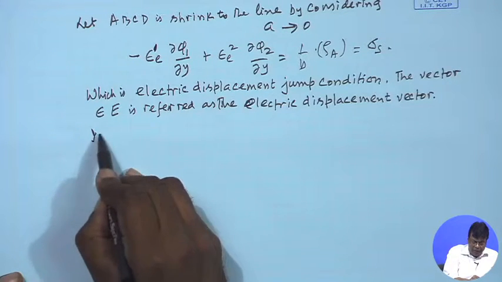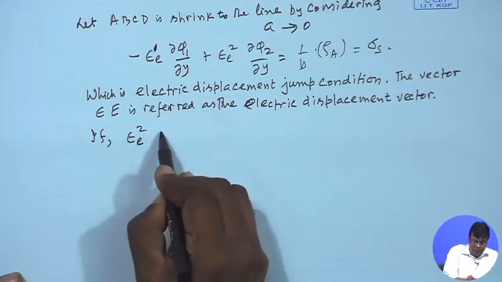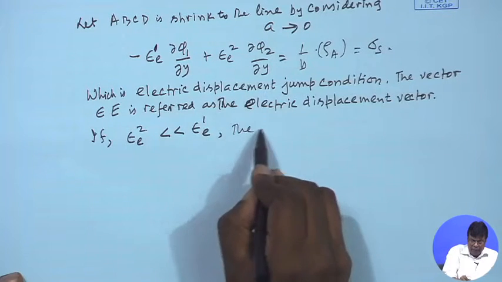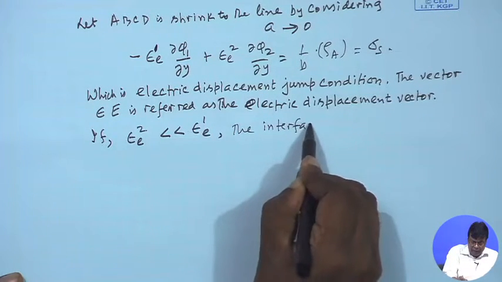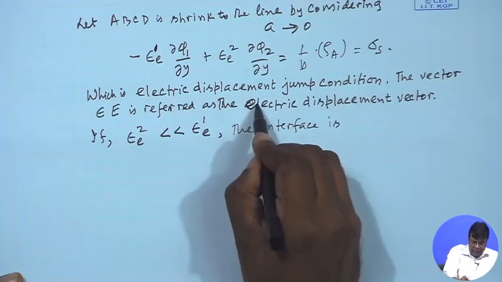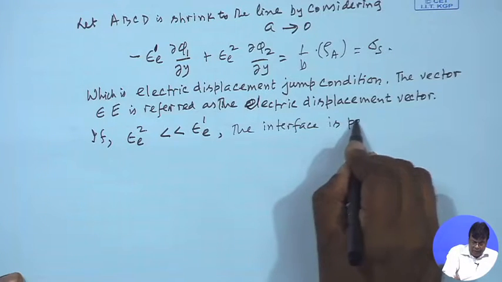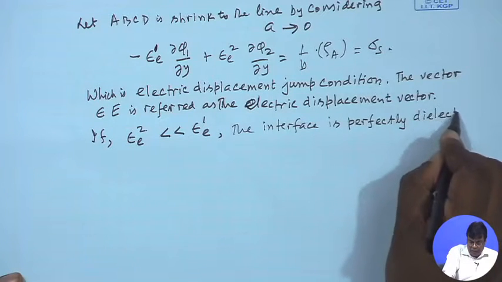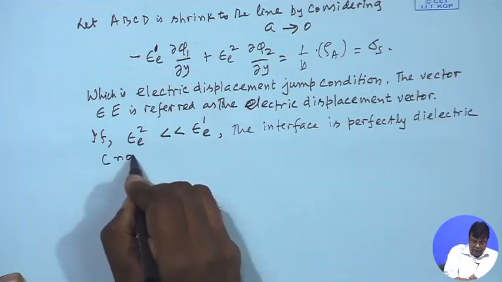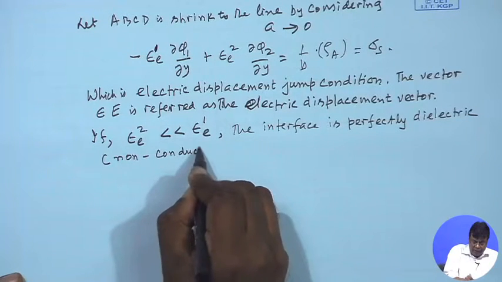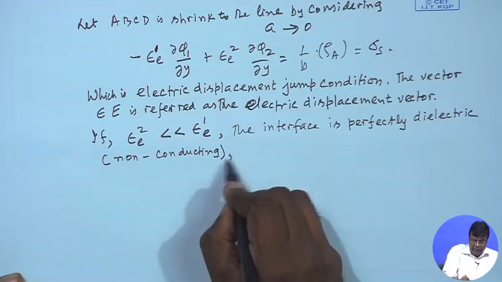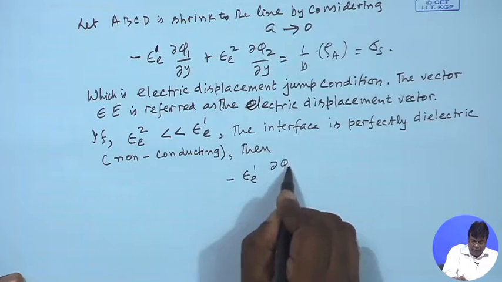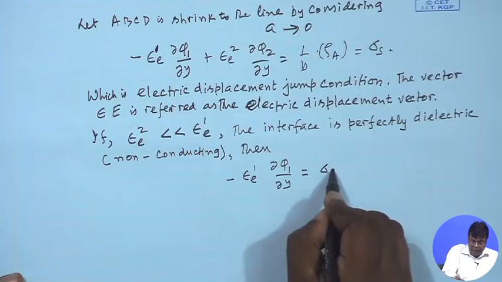Now, if epsilon E2 is many times less than epsilon E1, that is, the interface is perfectly dielectric, or non-conducting, then what we can write is minus epsilon E1 del phi 1 del y equal to sigma s.